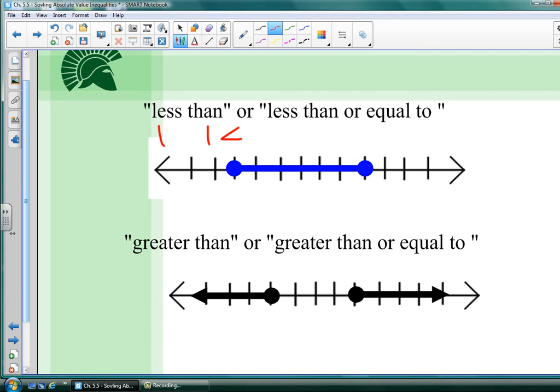If I go back to the beginning, the point 0.5, these are closed circles, so it's less than or equal to. If it was just less than, it would be the absolute value is less than some number, and it's going to look like this.